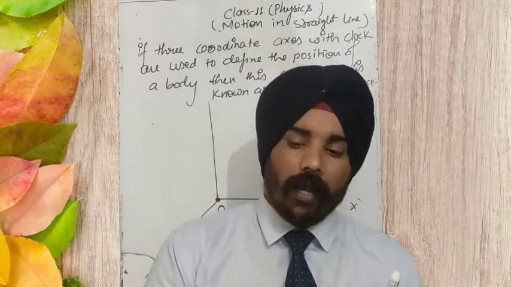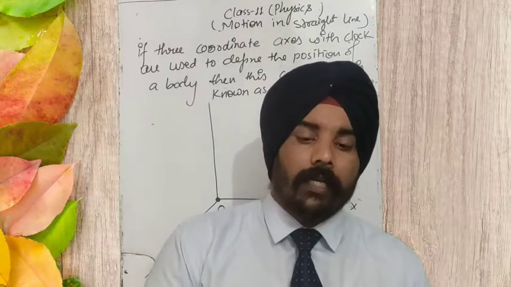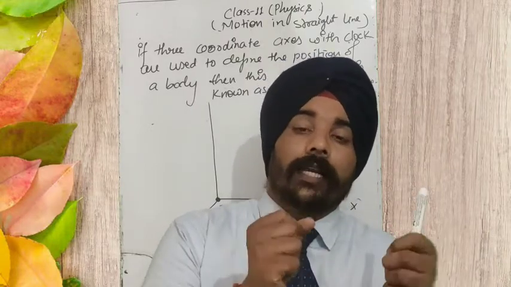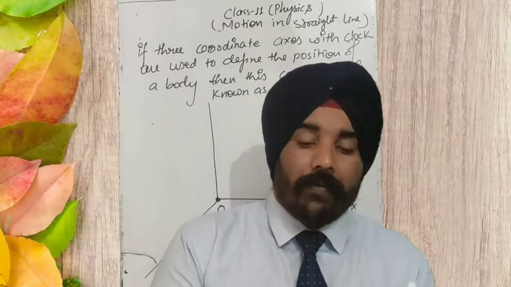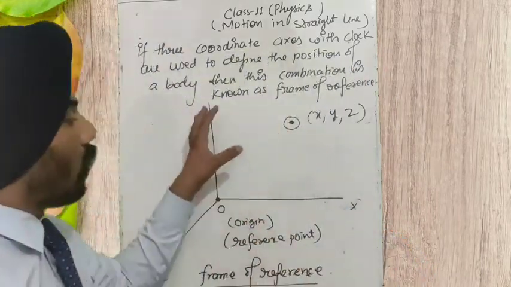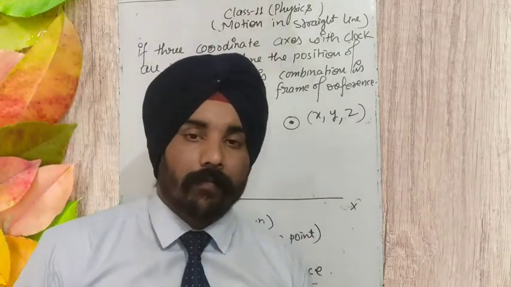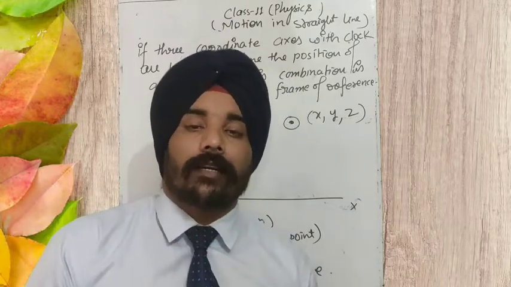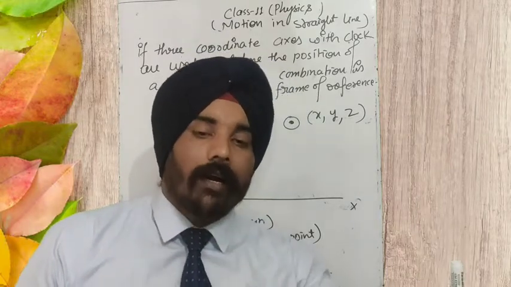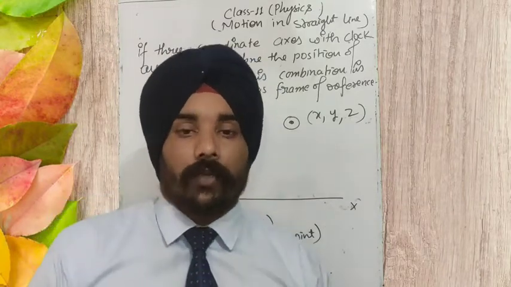Okay. And what about the reference frame stuck to the driver who is driving the car? If a three coordinate system and a clock is stuck to that person, then for that person the car is in rest, because the car and that person are going together on the road.